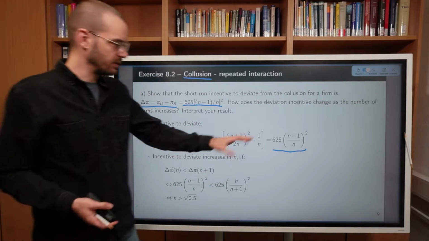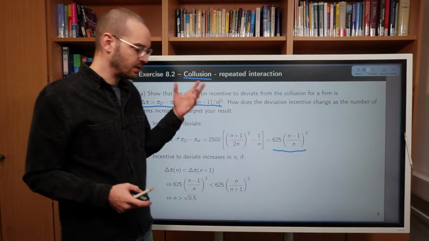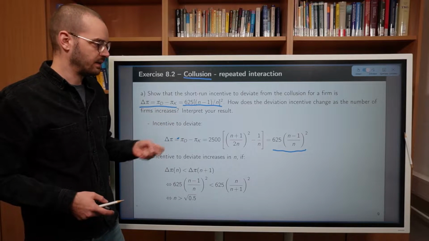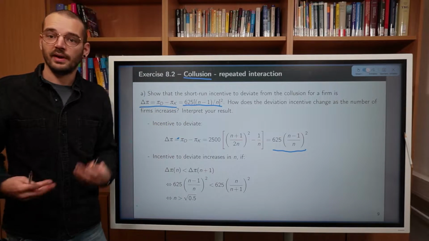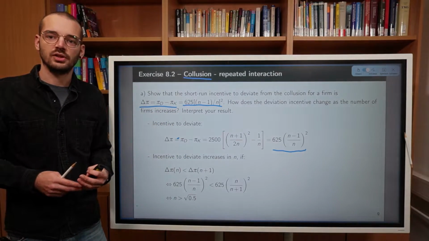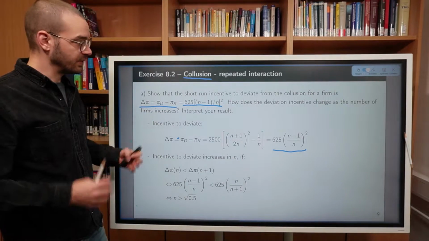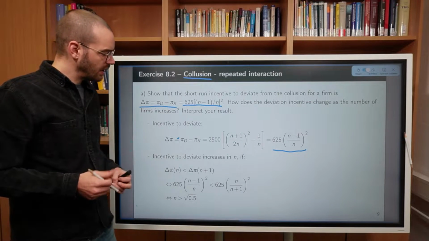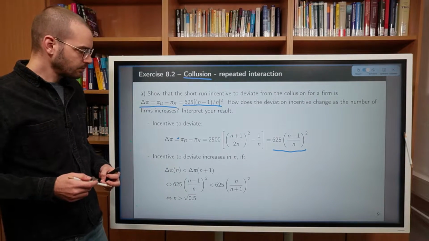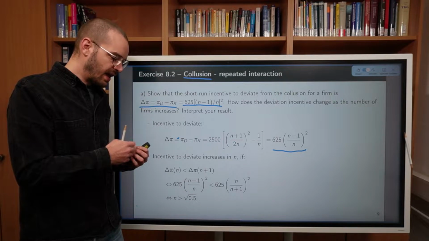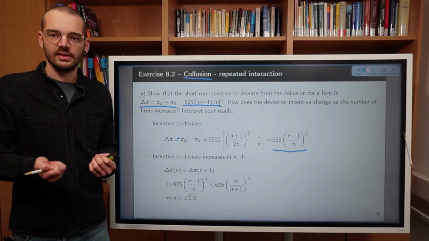Because trivially, obviously, we have n in the denominator as well as in the numerator. So we cannot really tell how a change in n would affect the overall difference in profits. What we can do, however, is analyze what happens if n increases.